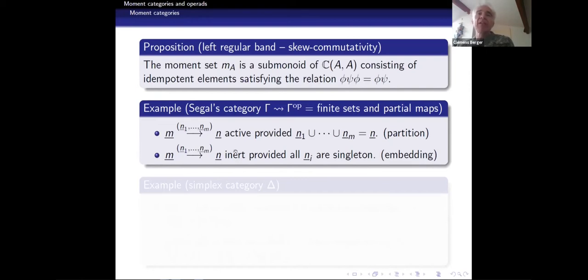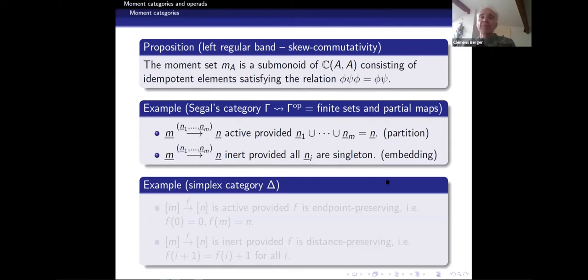So inert maps are inclusions, but they are represented by singleton subsets of the target indexed by the elements of the source. You can just check that this gives you a factorization system. Every map in Segal's category Gamma factors as a partition of the target followed by an inclusion. So the active maps are partitions and the inert maps are embeddings.